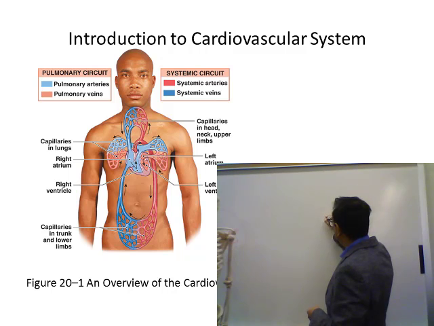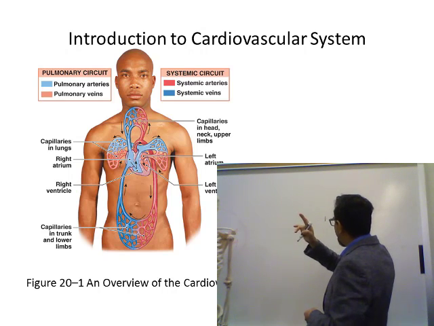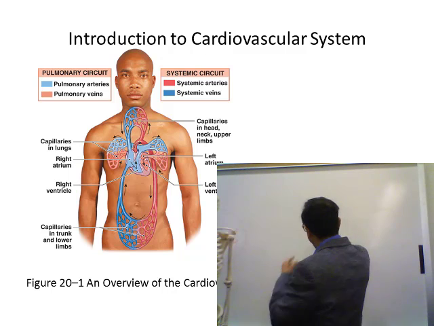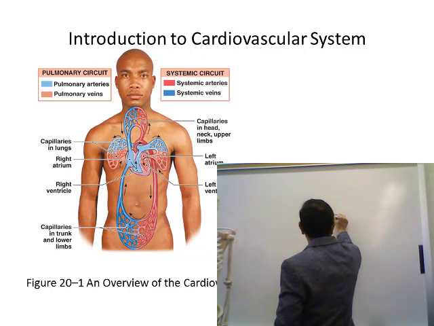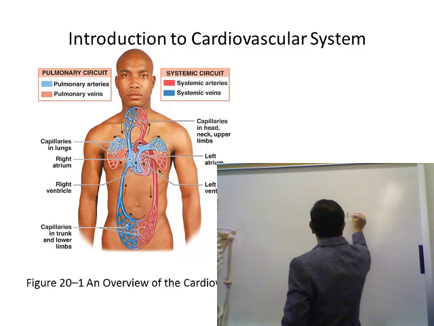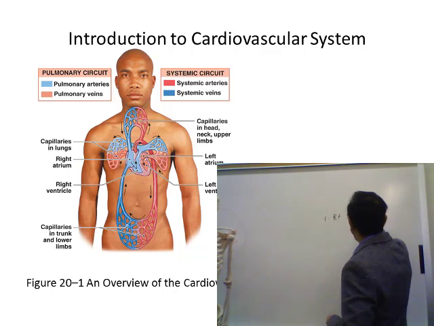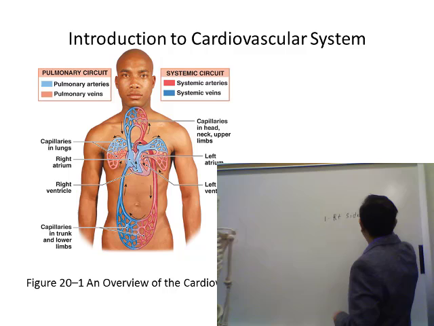Right side of your heart is for deoxygenated blood, and left side is for oxygenated blood.